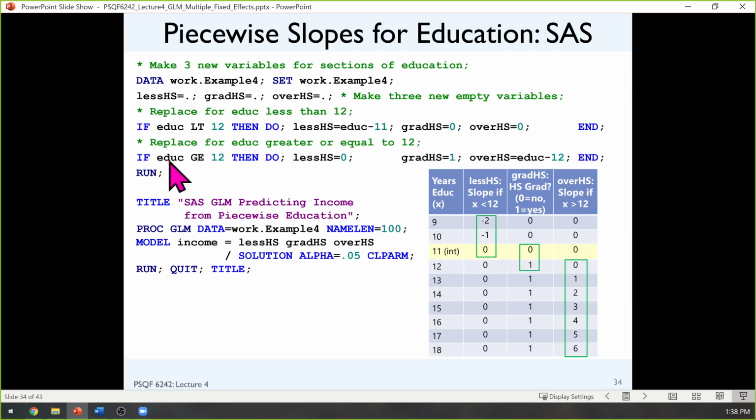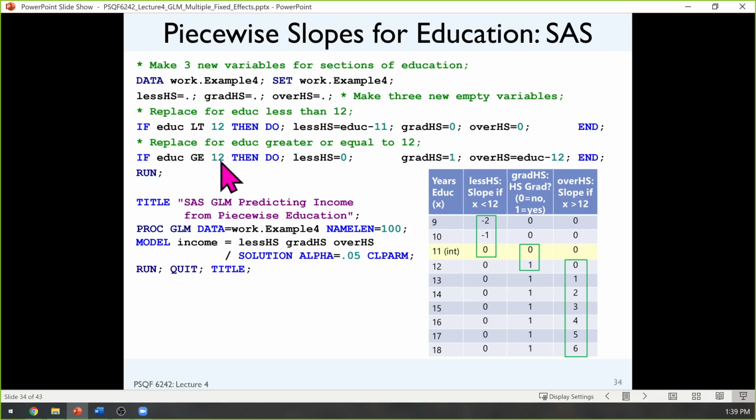The second line then covers the rest of the rows. If education GE, can you guess what that stands for? Not a refrigerator. Any guesses? GE? Greater than or equal to, yeah. So I have less than and then I have greater than or equal to. So I've covered all scenarios here.